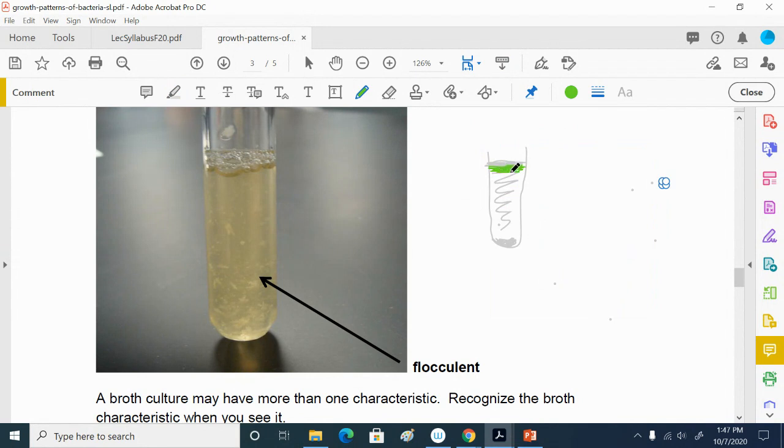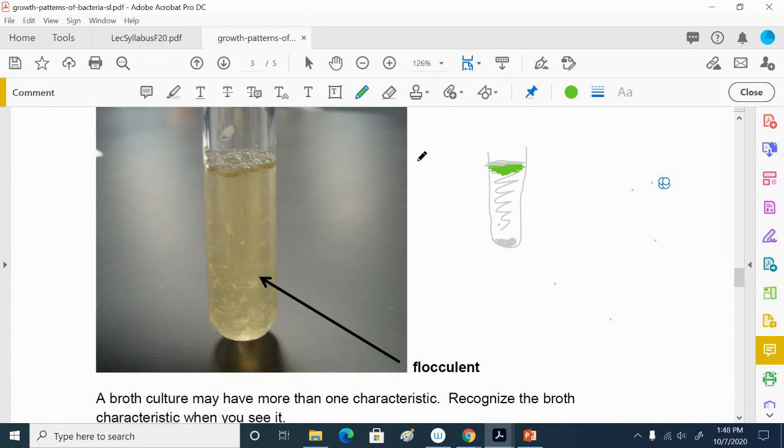If this were the Pseudomonas tube, this is what we would see. We have pellicle, sediment, and turbidity, and then we see something else there. So what is this? A meniscus?